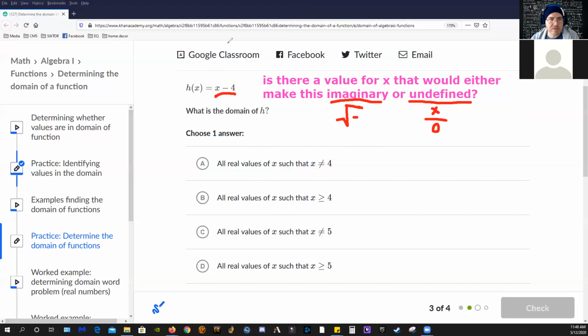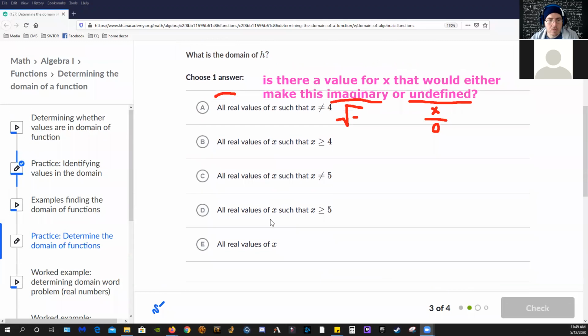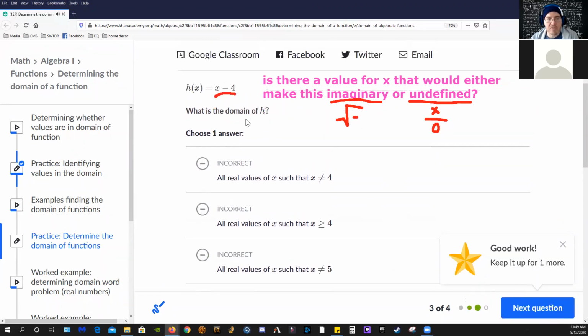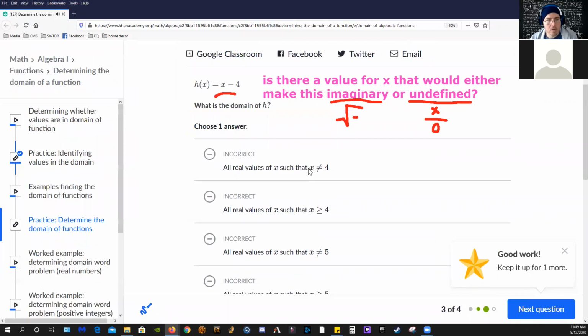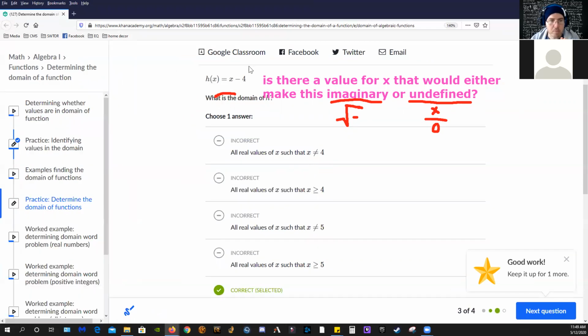So if x was anything, it would just come out to be a number. So I'm pretty sure all real numbers would be fine. Yeah, there it is, E. All values are fine. I cannot think of a way that we could make that either imaginary or undefined.